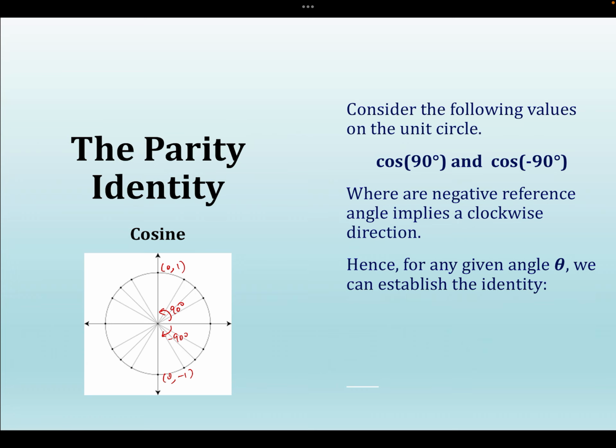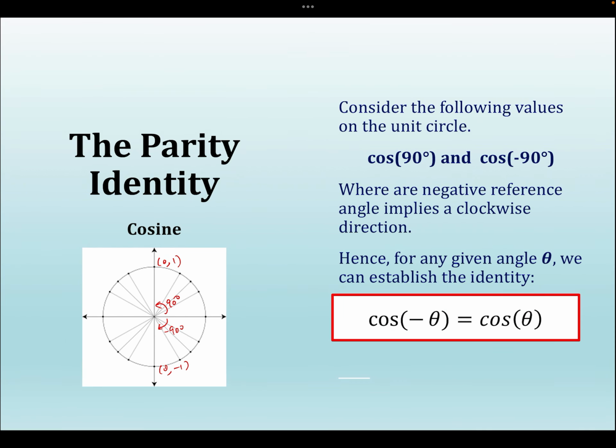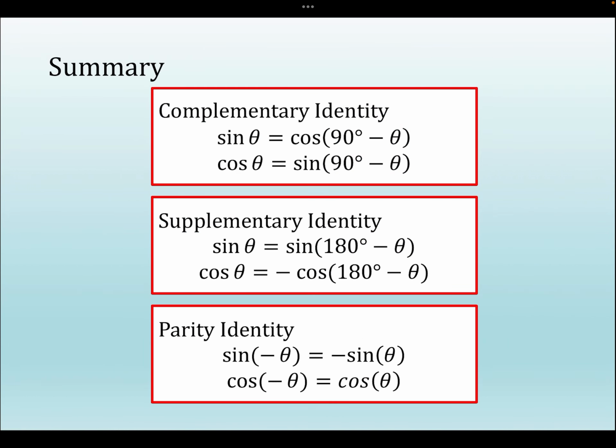Since we know that x is actually 0, therefore cos 90 degrees is the same as cos minus 90 degrees, and therefore we can say that cos minus theta is the same as cos theta. So just a quick summary, you need to know the complementary identity, the supplementary identity, and the parity identity.